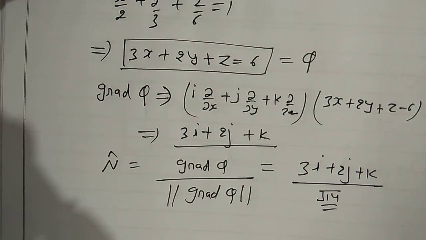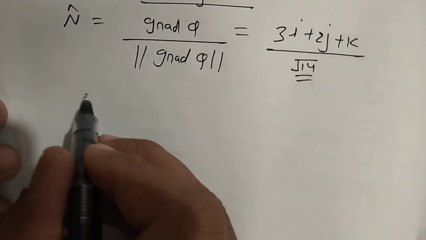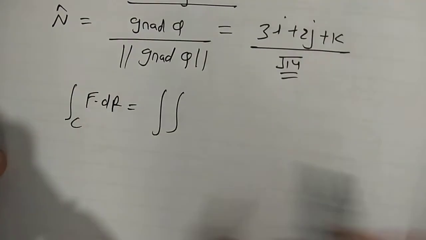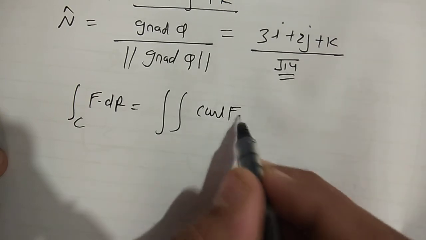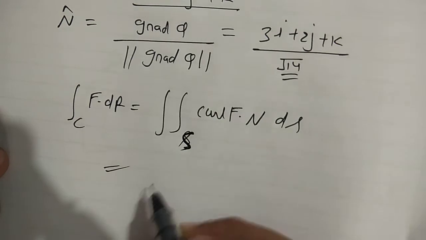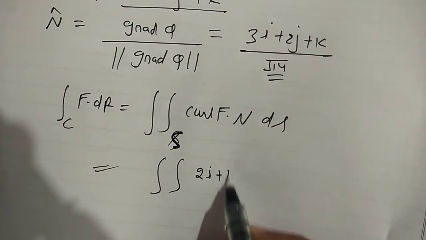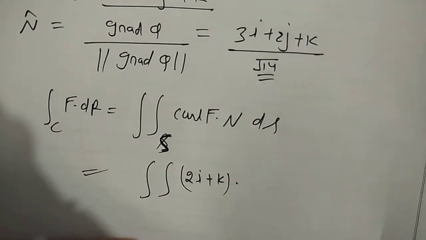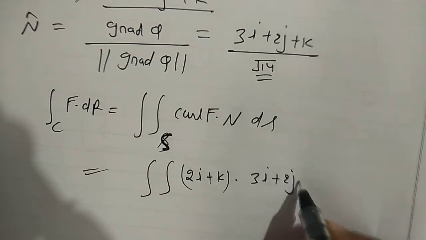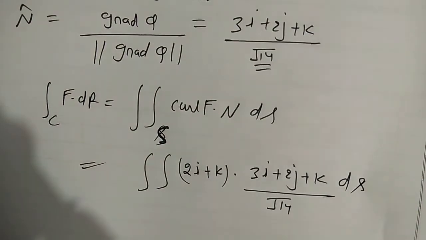So we can apply Stokes theorem immediately. Using Stokes theorem, the line integral over C of F dot dr equals the surface integral of curl of F dot n ds. Curl of F we have found, that is 2i plus k, dot capital N, that is (3i plus 2j plus k) by root 14, ds.